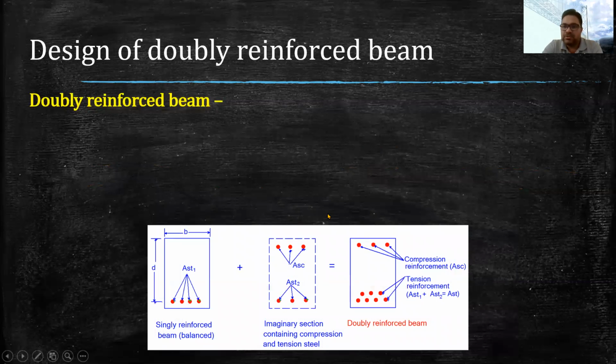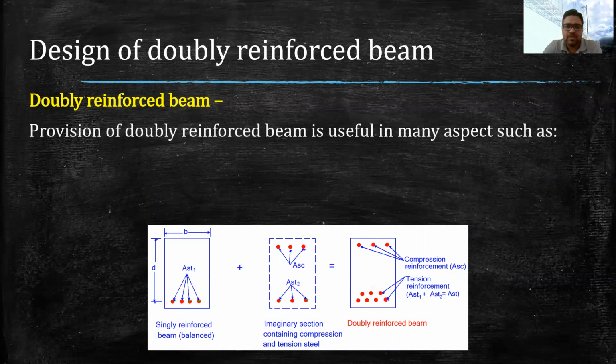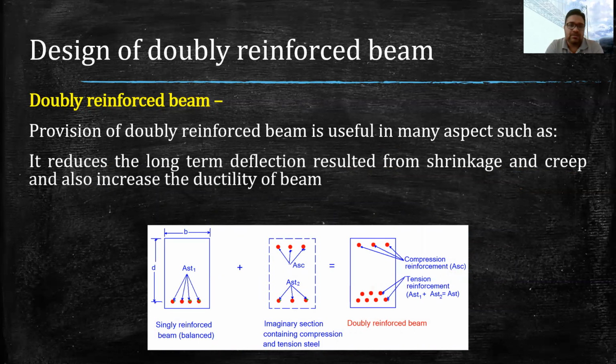The use of a doubly reinforced beam is beneficial in many aspects. An important advantage is that it reduces the long-term deflection resulting from shrinkage and creep. I have already discussed shrinkage and creep, which generally occur in concrete.